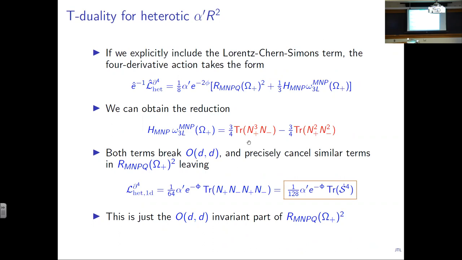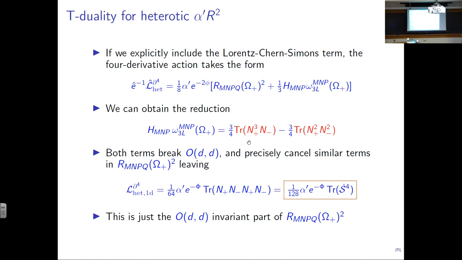If you only focus on the alpha prime four-derivative term, then there's a cross term between H and the Lorentz Chern-Simons. There's also Lorentz Chern-Simons squared, which is an alpha prime squared type term. And it's also built out of omega, which is H hat, and so on. Four-derivative only, this is all you need over here.